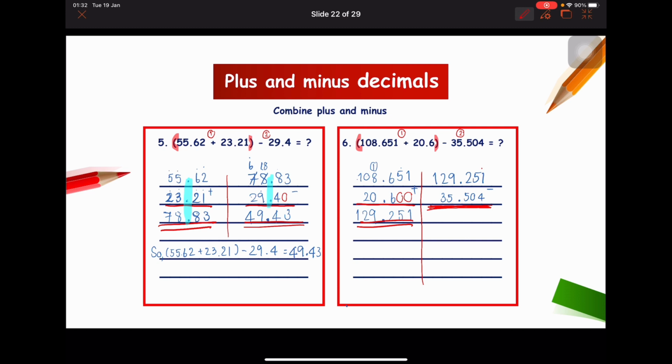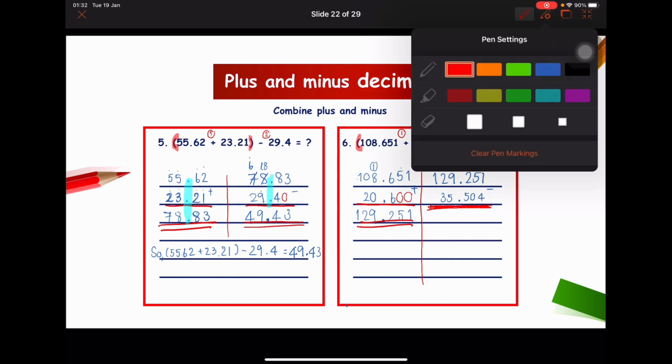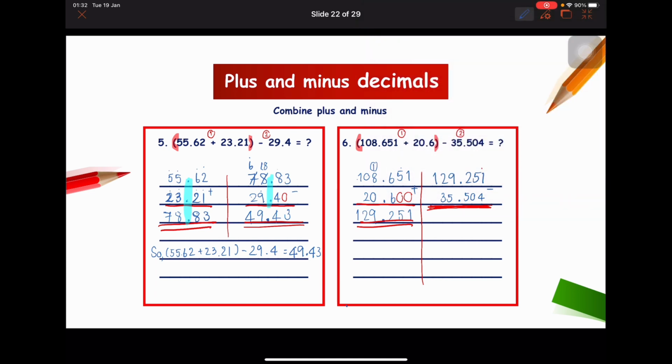Let's see. 1 minus 4. Can or cannot? No, cannot. 1 cannot minus 4. Change 1 to be 11. And this will be number 4. 11 minus 4 equal to 7. And next step. 4 minus 0 equal to 4.